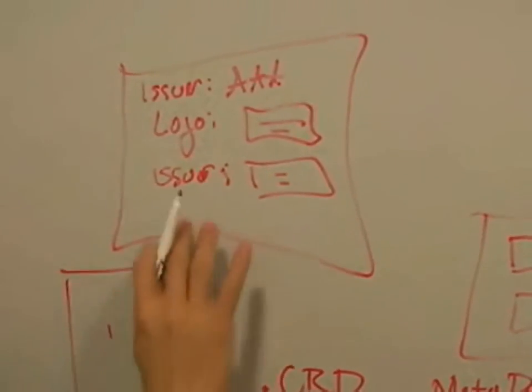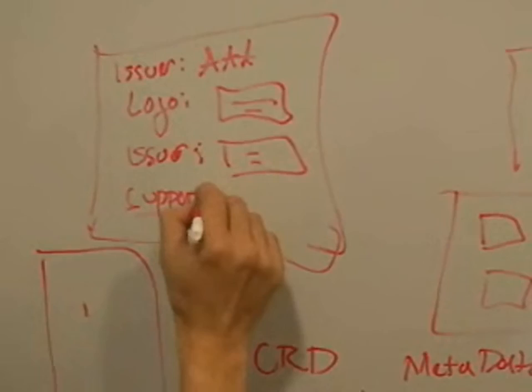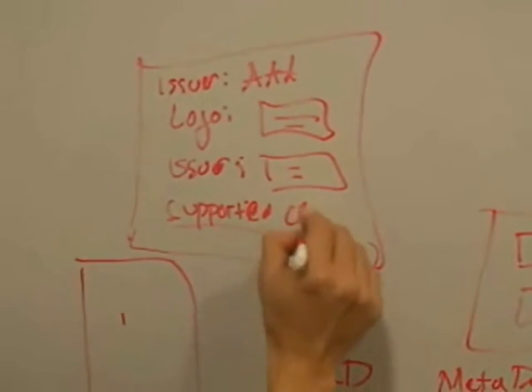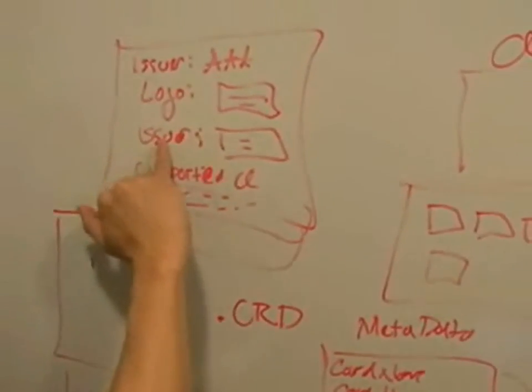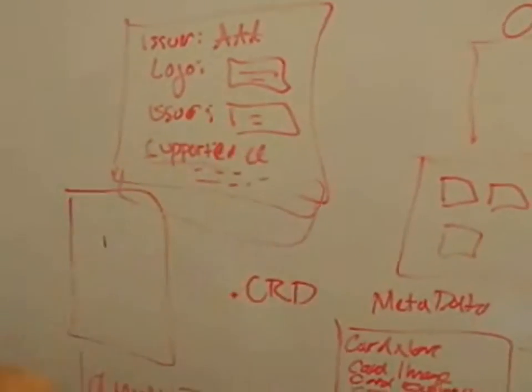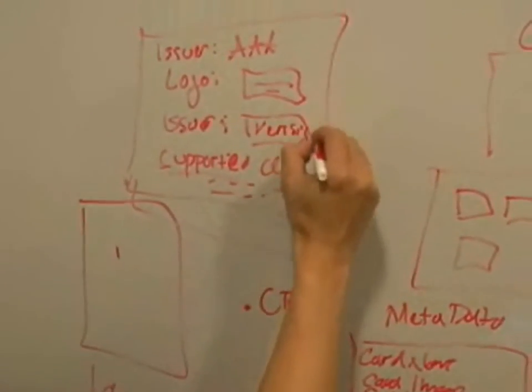It tells you the supported claims, and basically the user is asked, "Are you sure you want to import this?" I'm sorry, I have to clarify: this issuer is actually the issuer of the certificate, so normally it would be maybe VeriSign, with the logo of VeriSign.